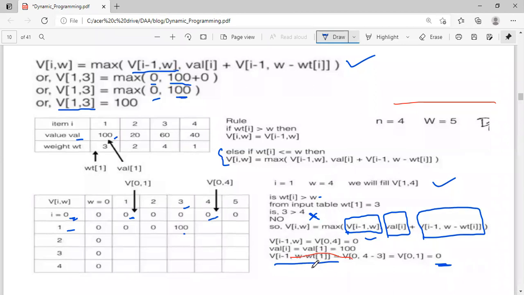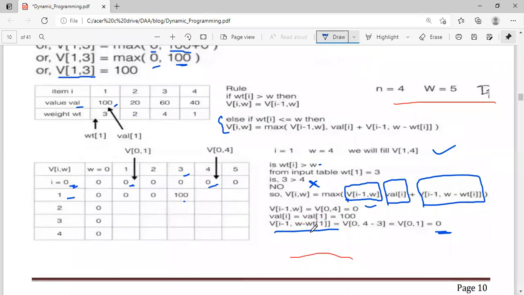Here W minus WT of 1, that is 4 minus 3, is equal to 1, so 0 comma 1. What value is present at 0 comma 1 in the table? The table value is 0. So we added 0 here.